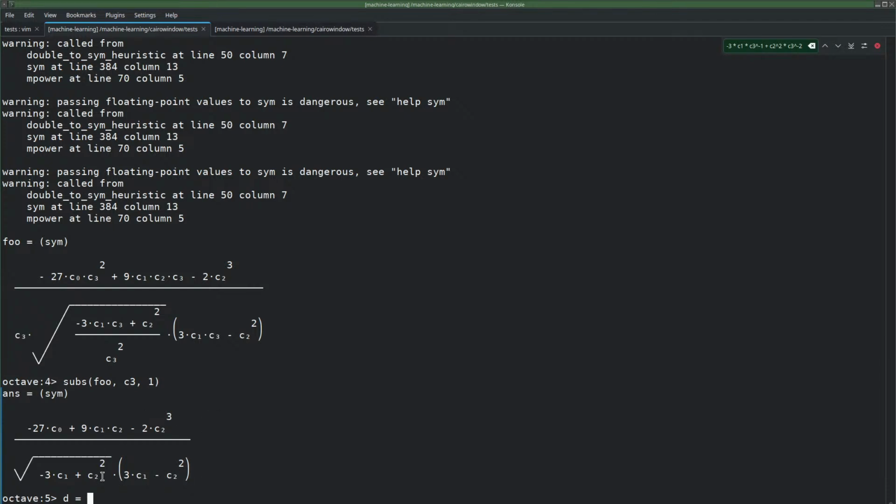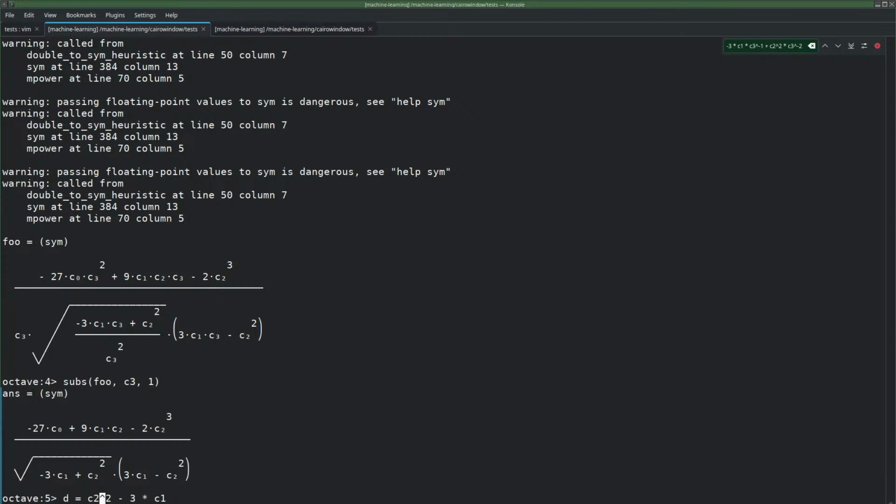No, the other way around. So this must be equal to C2 squared minus 3 times C1. But really I want to replace C1.